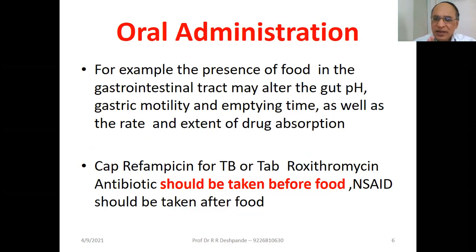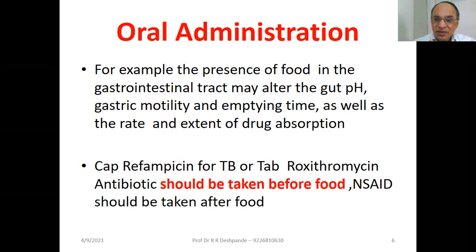For example, the presence of food in the gastrointestinal tract naturally changes the gut pH, acidity and alkalinity. It also changes the gastric motility and emptying time, as well as the rate and extent of drug absorption.